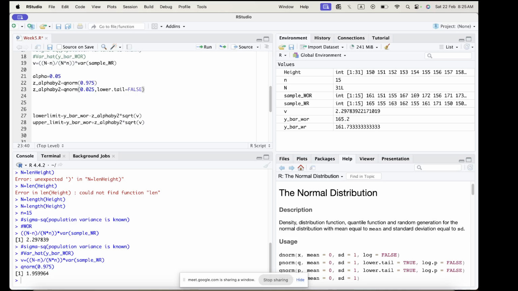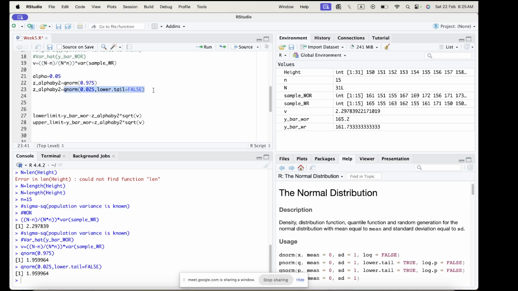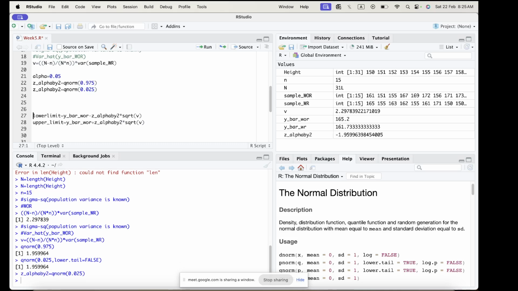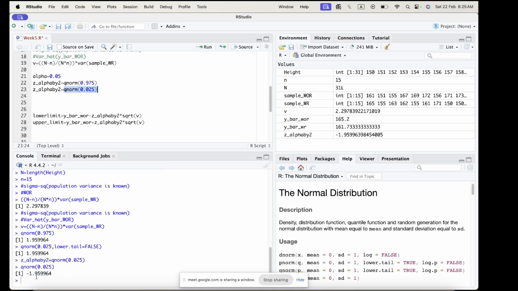Then this will give me that point above which the area is this thing. So you see, it is also going to report 1.96. But had I not given this one, it would have given me minus 1.96, because it's symmetric. So if I am using the alpha by 2 parameter over here, I should always specify lower.tail equal to FALSE.